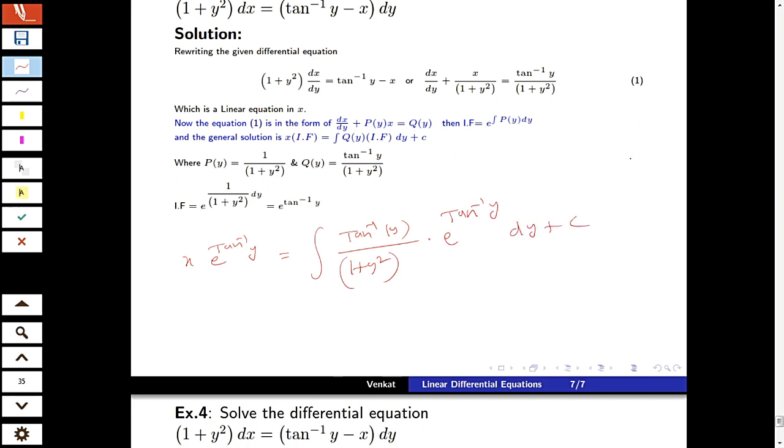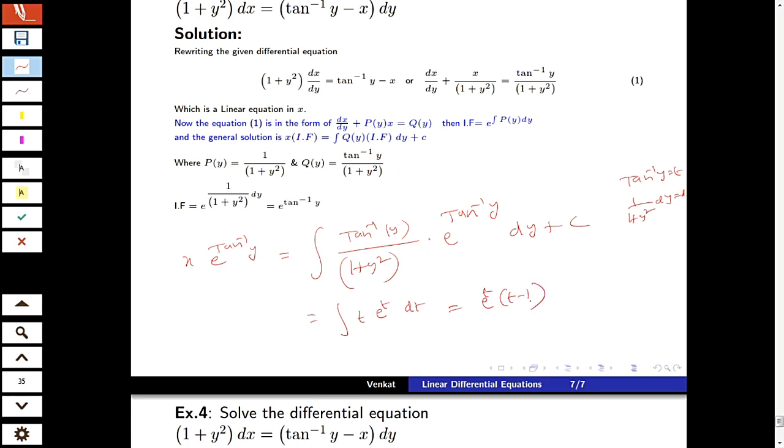Here you can assume tan inverse y as t, then 1 by 1 plus y square dy is dt. So we get integral t e power t dt, which is e power t into t minus 1.